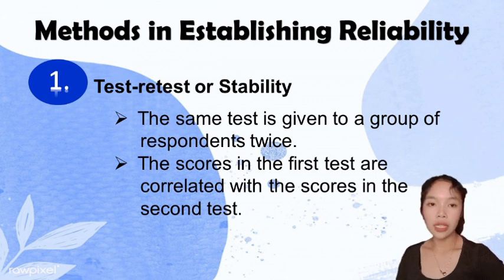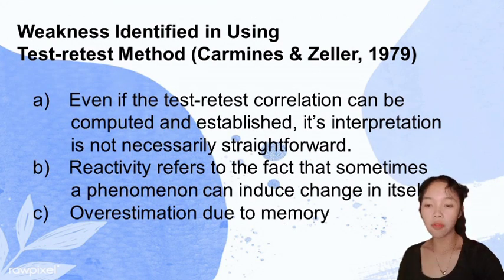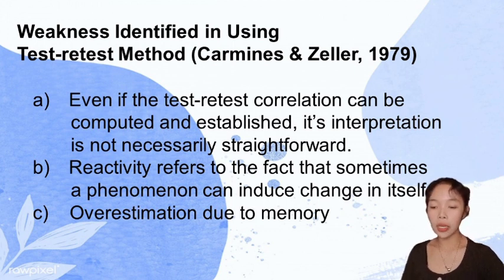here are some of the weaknesses identified in using the test-retest method, and this is according to Carmines and Zeller in 1979. First is, even if the test-retest correlation can be computed and established, its interpretation is not necessarily straightforward.